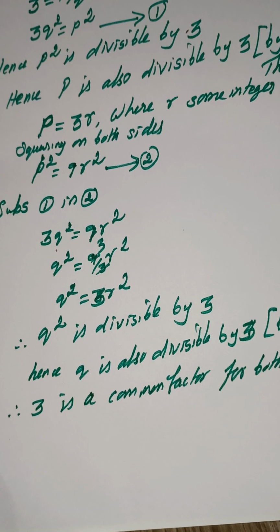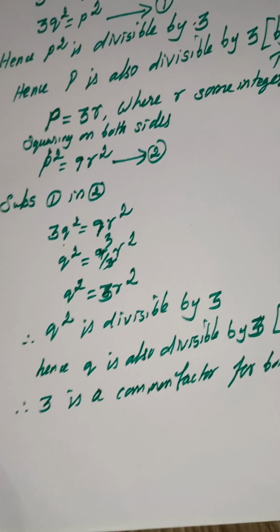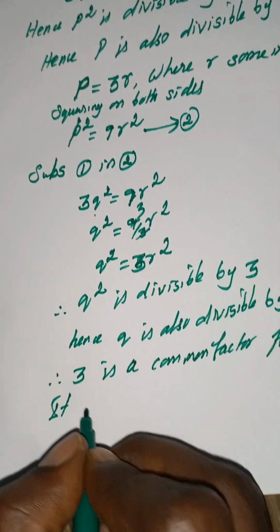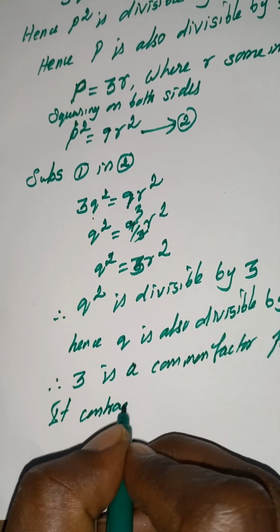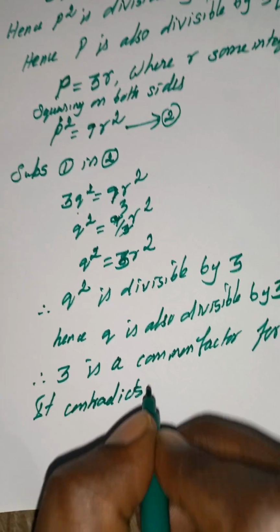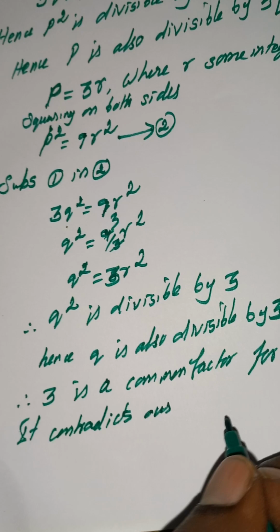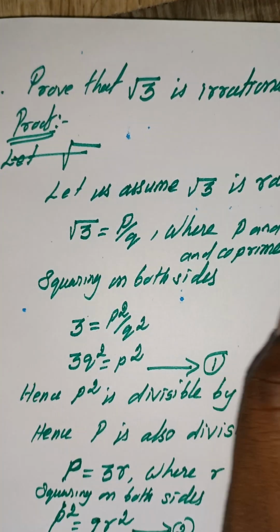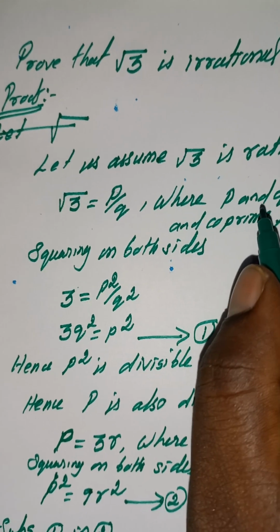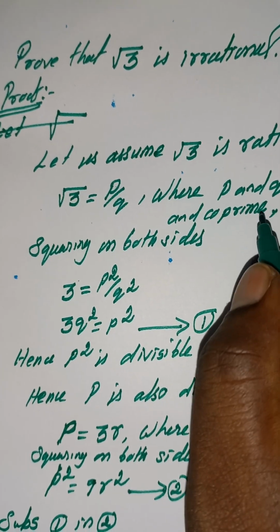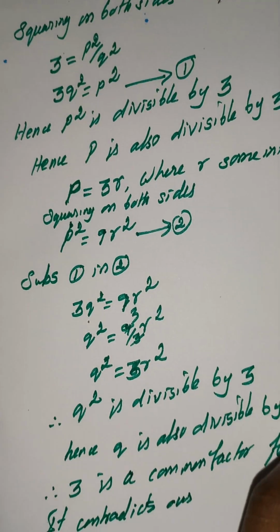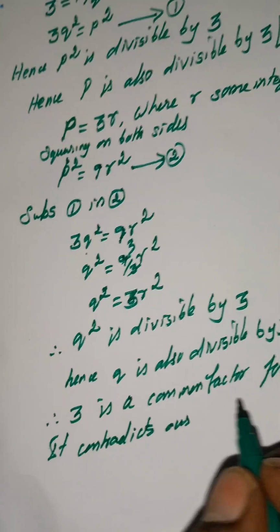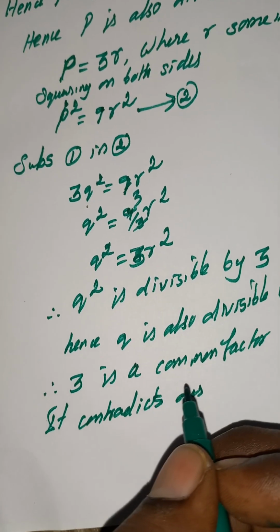but it contradicts our assumption. Already we assumed p and q are co-prime. What is co-prime? Co-prime is nothing but if two numbers have no common factor. We assumed p and q are co-prime, so they should not have any common factor.